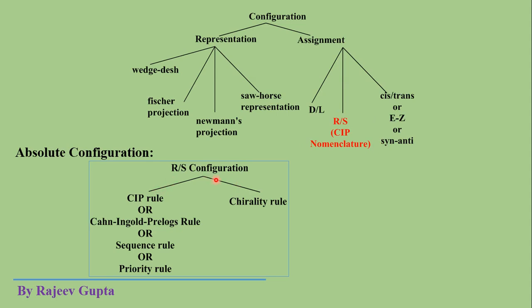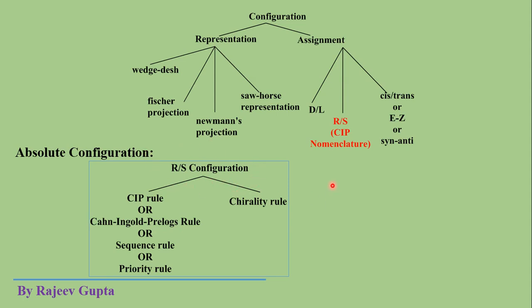Now what is RS configuration? To assign this RS system, because we know for a chiral center, two types of configuration are possible. If we interchange any two groups in an odd manner, or one time, then we get its enantiomer.